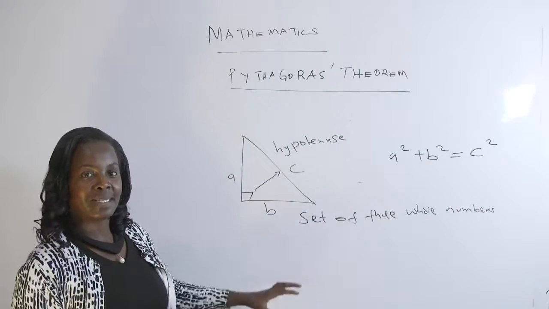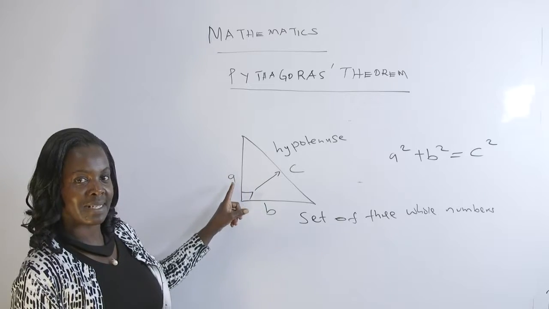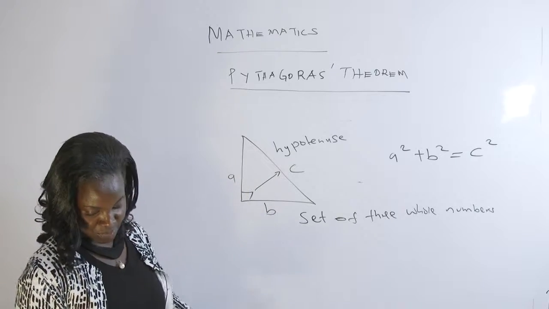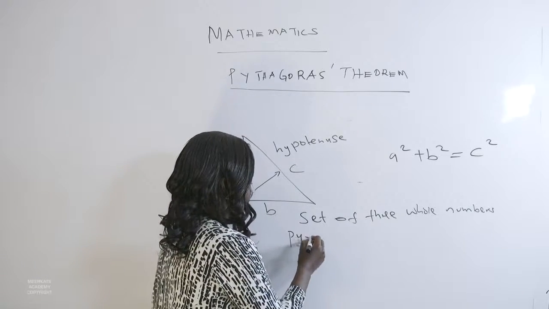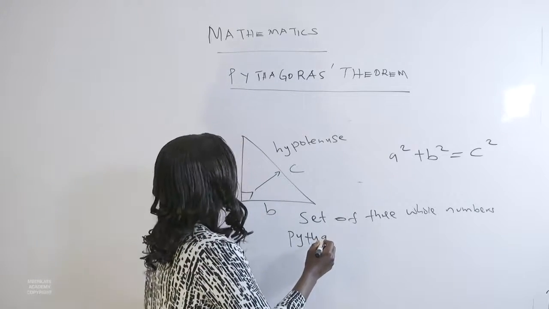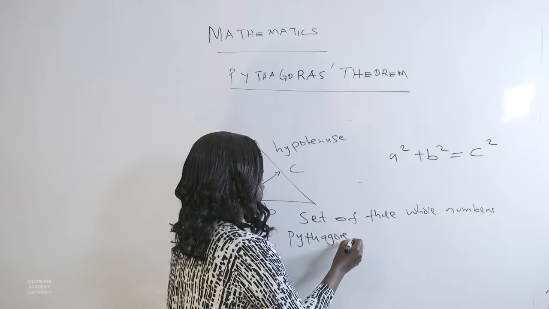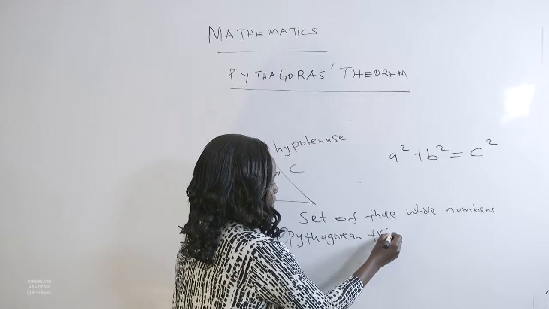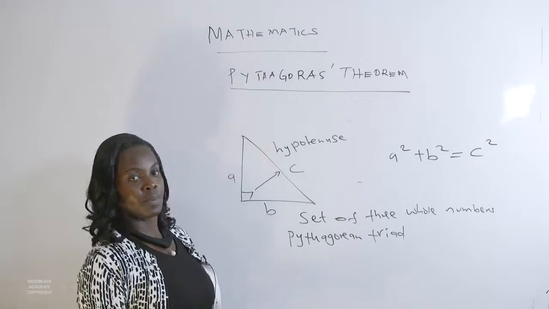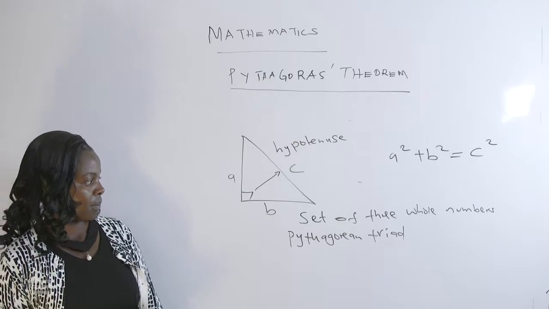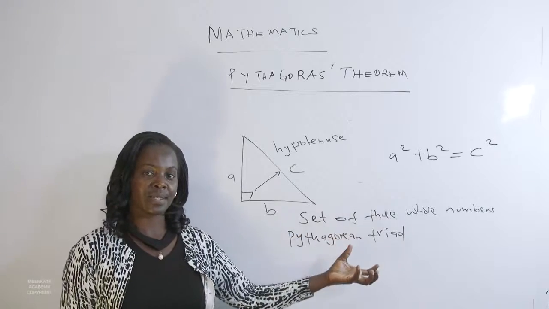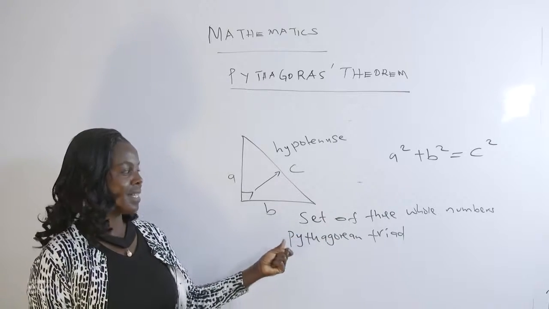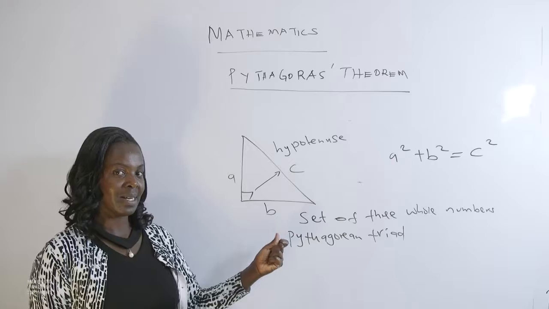A set of three whole numbers that are the sides of a right angle triangle is called a Pythagorean triad. Pythagorean triads are a set of three whole numbers that represent the three sides of a right angle triangle.